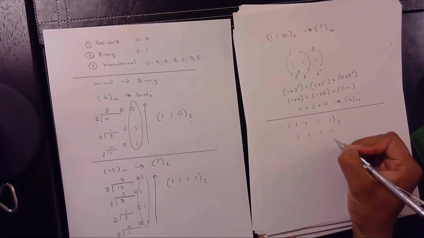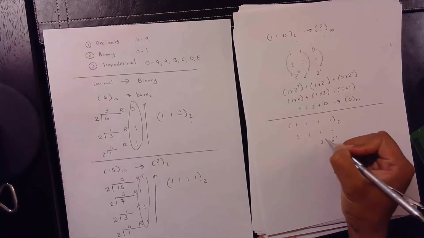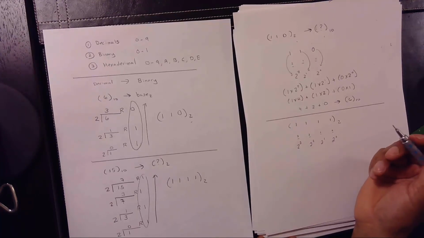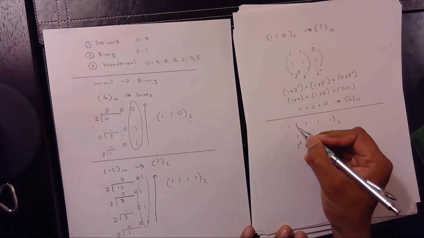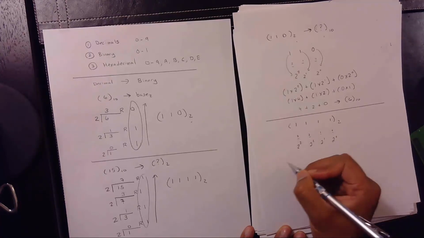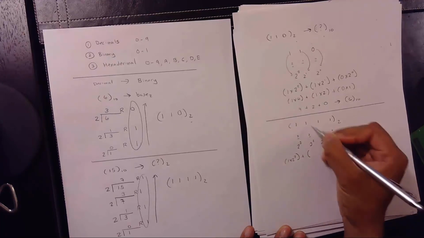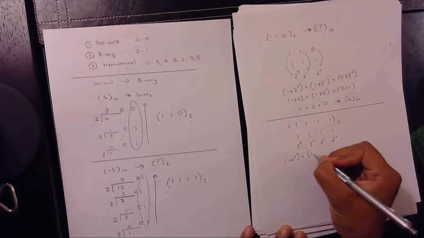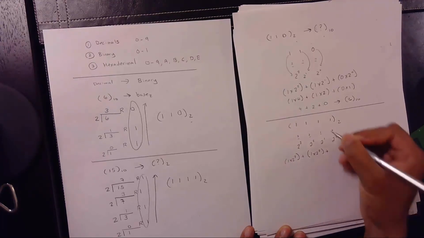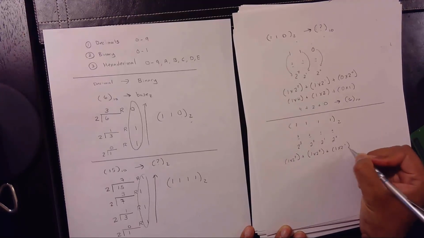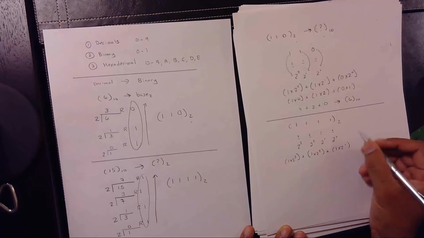This means 2 to the 0, 2 to the first, 2 squared, 2 to the third. So this is 1 times 2 to the third, plus 1 times 2 squared, plus 1 times 2 to the first, plus 1 times 2 to the 0.